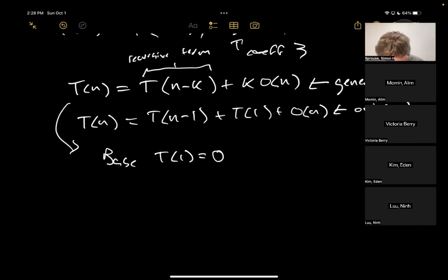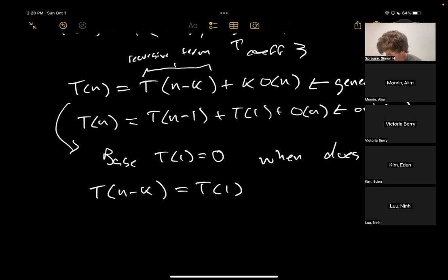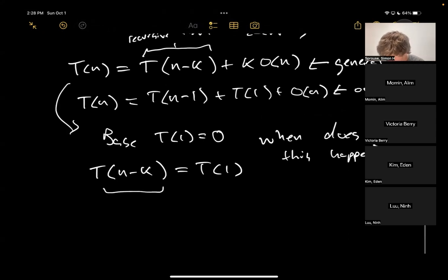So when is it that our recursive term is going to be equal to this base case? So T of n minus k is equal to T of 1. So when does this happen? That is when our recursive term is equal to our base case.